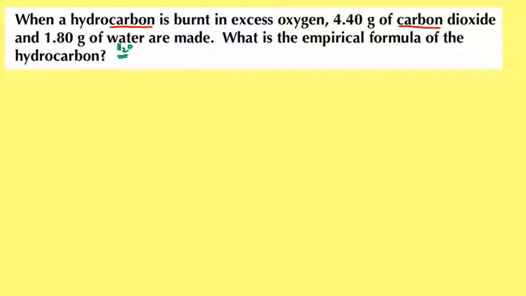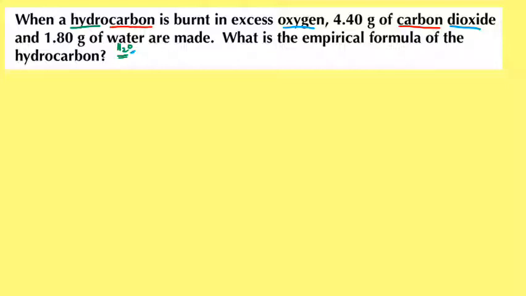Well, the hydrogen is coming from the hydrocarbon as well. And of course the oxygen that's in the carbon dioxide and the oxygen that's in the water, they're coming from the air that's helping the hydrocarbon to burn. But the oxygen we're not worried about.